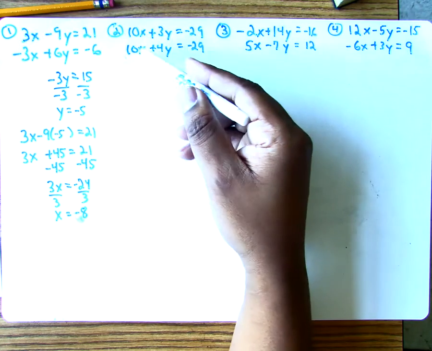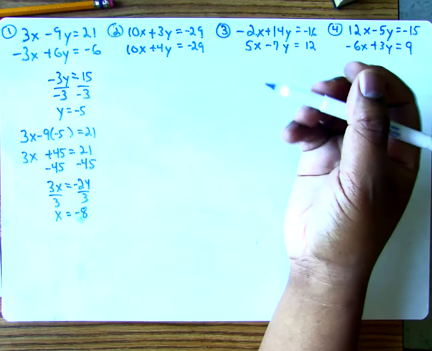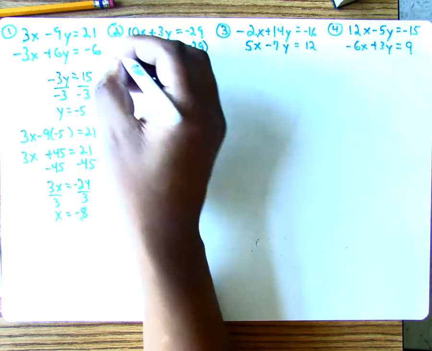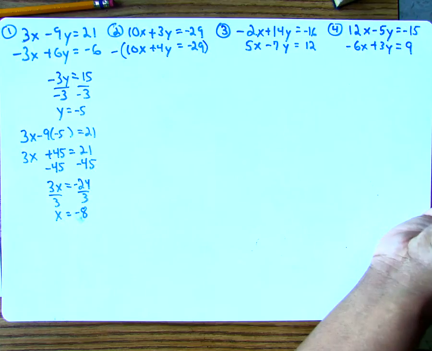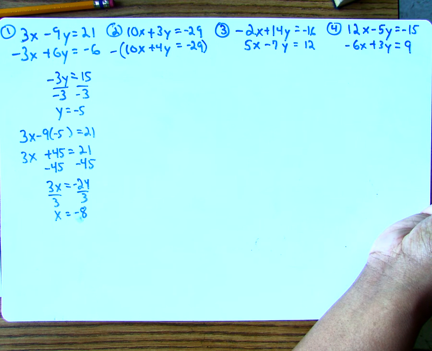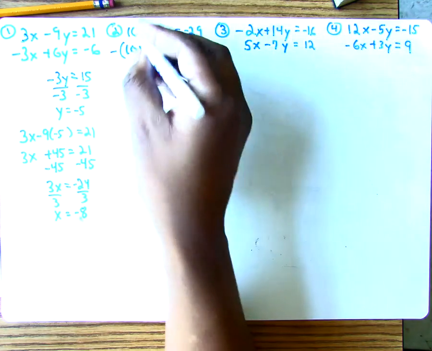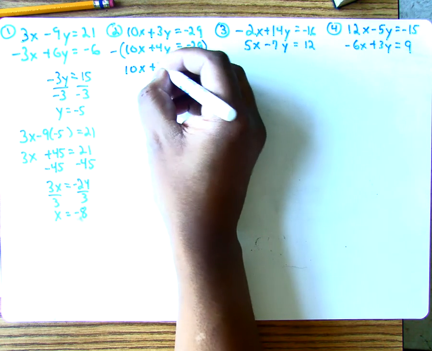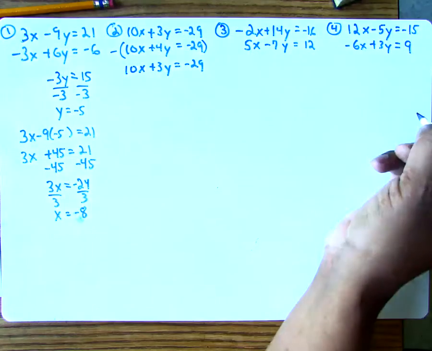Now, we've got these two 10x, and they would cancel each other out if one was negative. So we want to change this to negative here. But in order to do that, I have to multiply that negative times each one of these terms. Okay, when that's done, you have a negative times 10x. Well, I'm going to rewrite this first equation first. So I get 10x plus 3y is equal to negative 29.